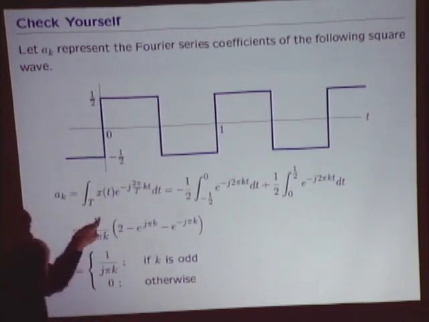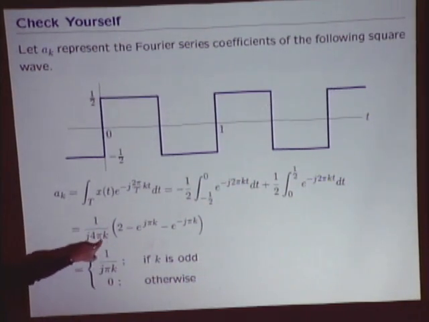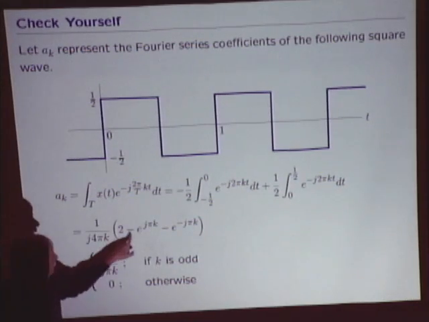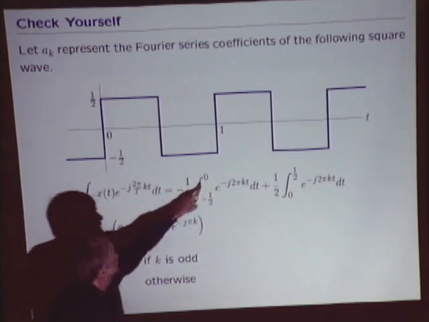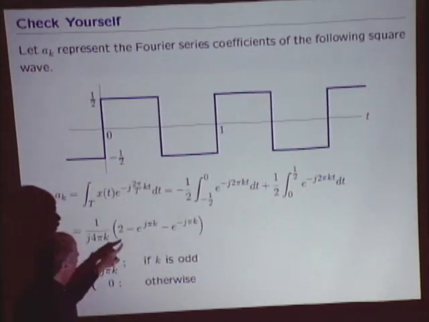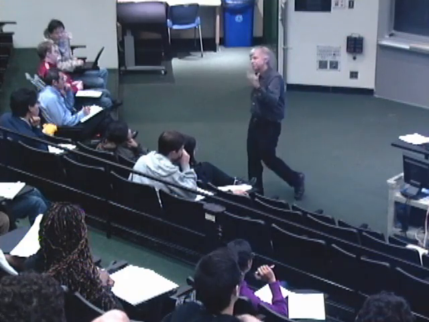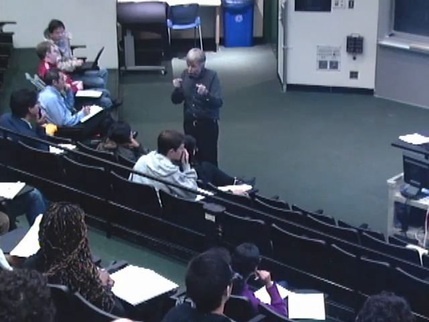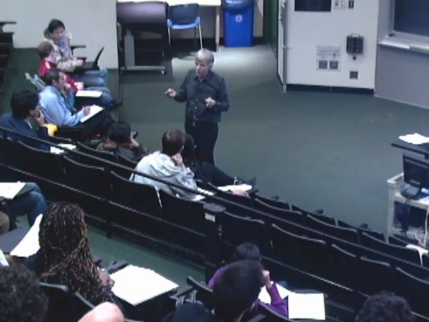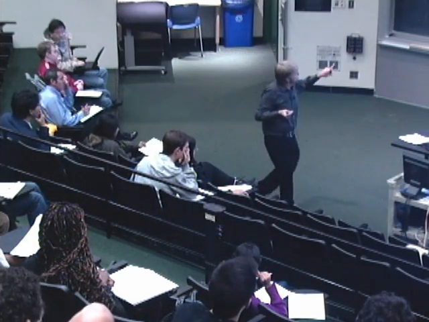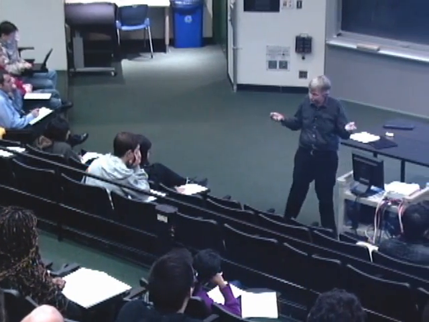The half turns it into j 4 pi k, and so on. You get four pieces, and two of these pieces correspond to 1. They sum to 2. So you get that. The point is that it's a pretty simple transformation to think about the square wave turning into a sequence of amplitudes.